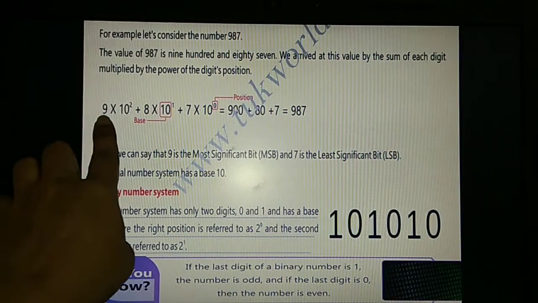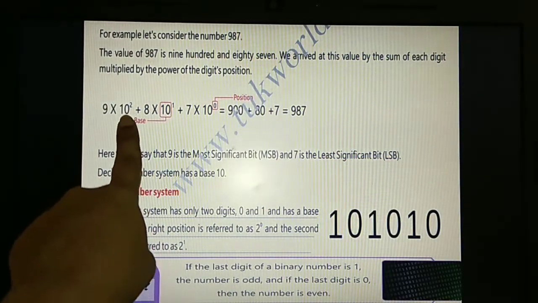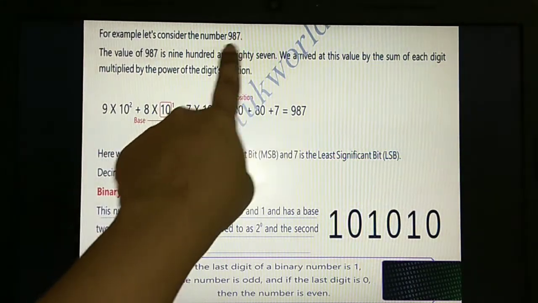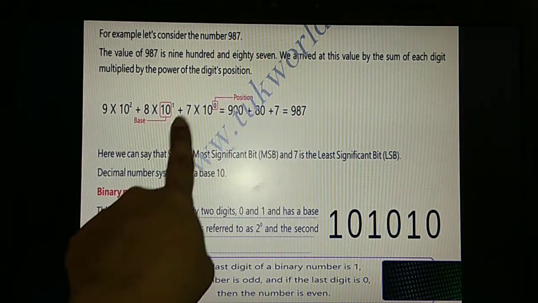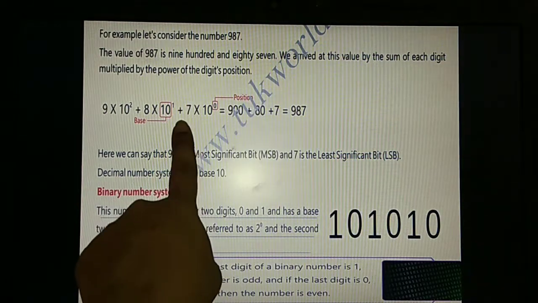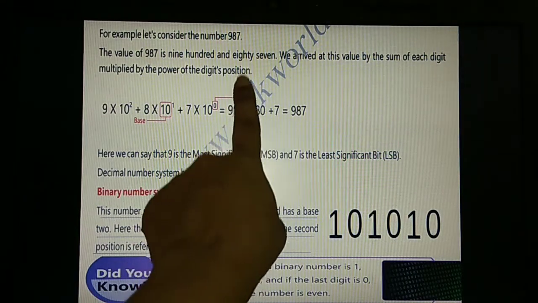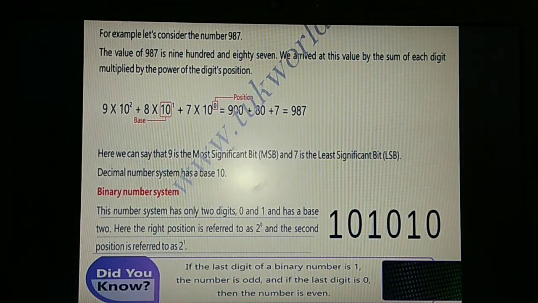So 9 into 10 raised to 2 plus 8 into 10 raised to 1 plus 7 into 10 raised to 0.